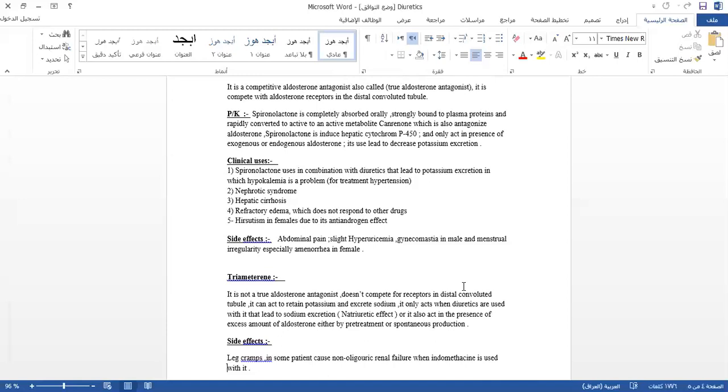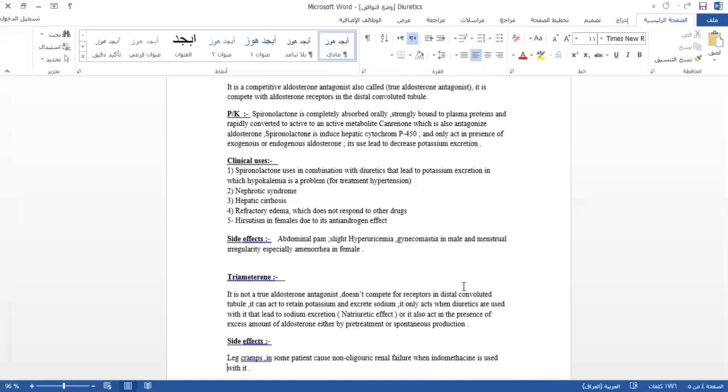Meaning that the natriuretic enhances excretion of sodium, and it prevents reabsorption by the renal tubule through what? A blocked renal sodium channel, blocked or inhibited, so there is no reabsorption of the sodium excreted in the renal tubule by the natriuretic effect.